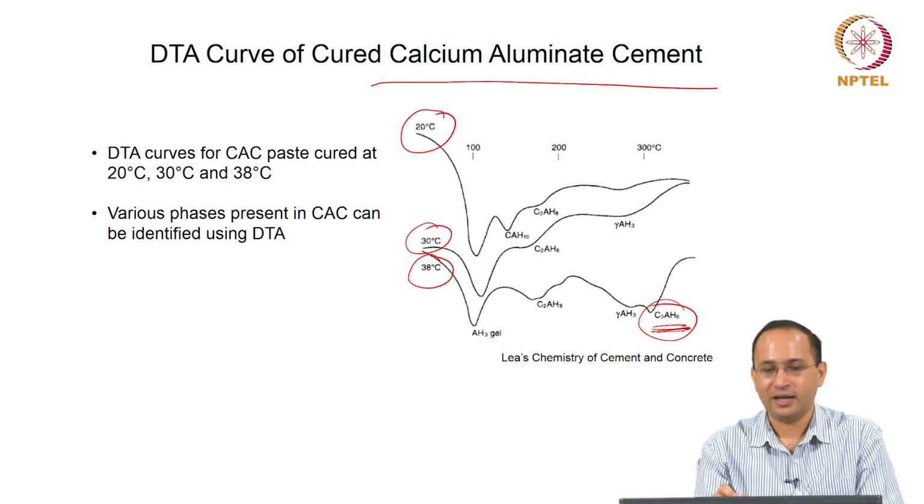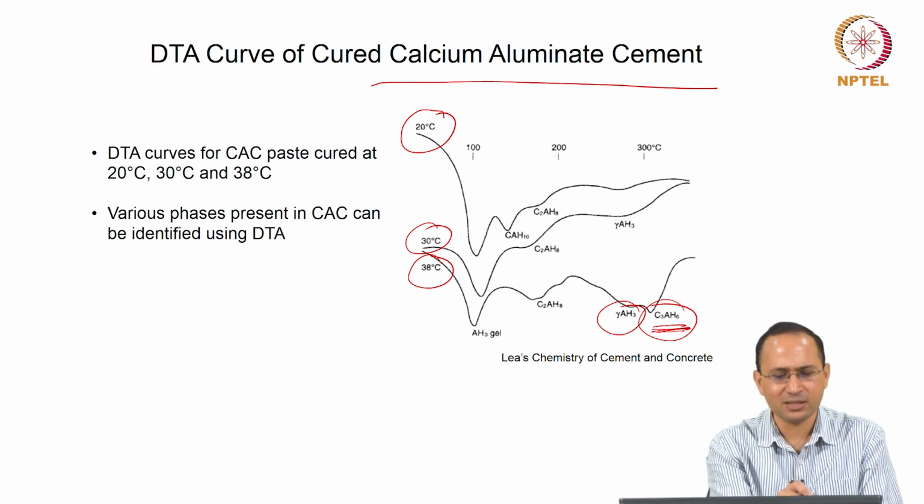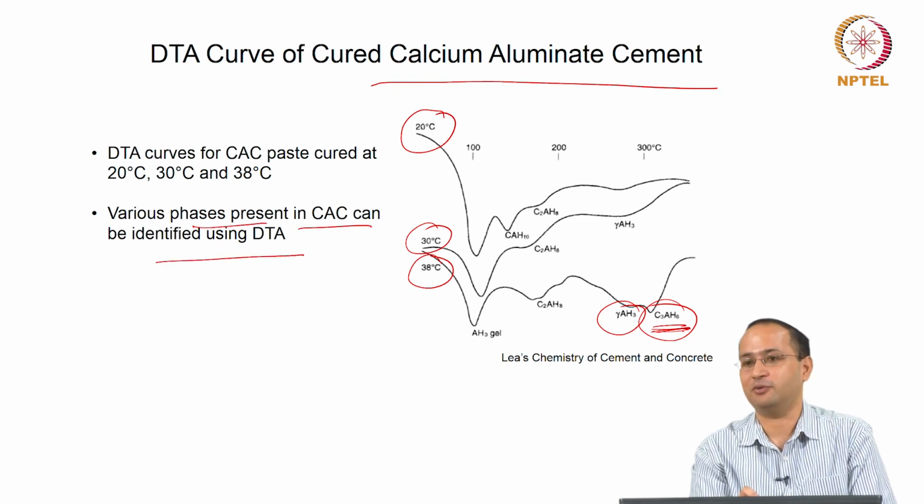So when you cure your CAC, or calcium aluminate cement, at 38 degrees Celsius, you see the presence of C3AH6, and also you see gamma AS3, which is nothing but the crystalline form of AS3, or gibbsite as we call it. Initially you have amorphous gel. So various phases in calcium aluminate cement can be identified.